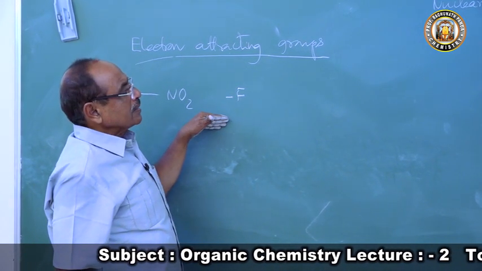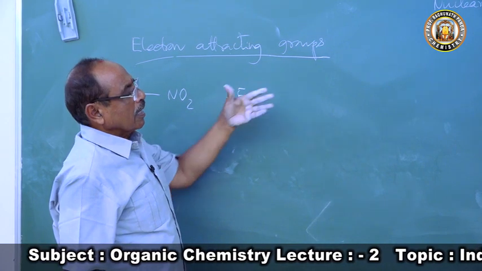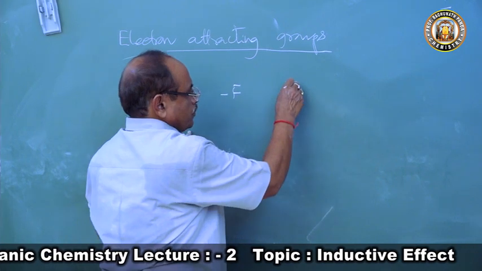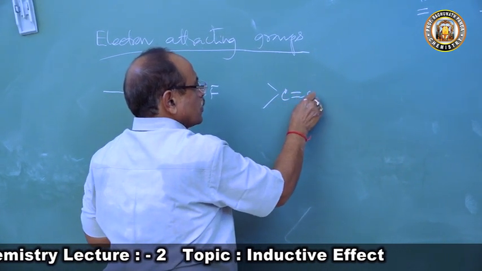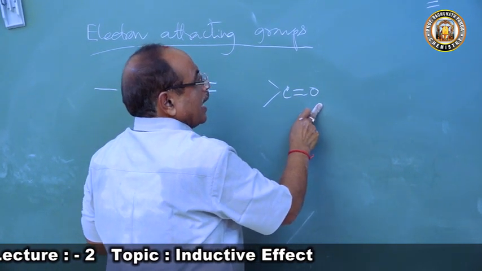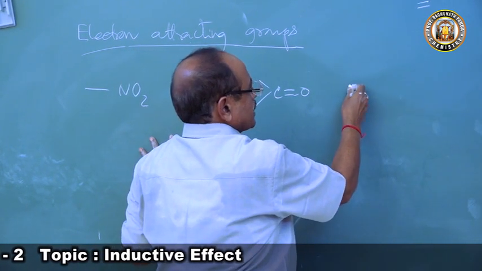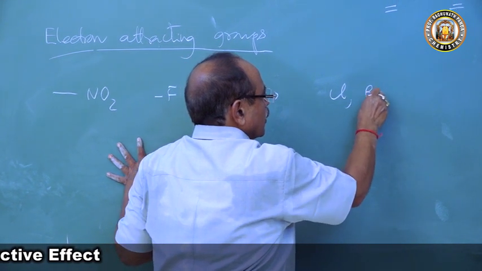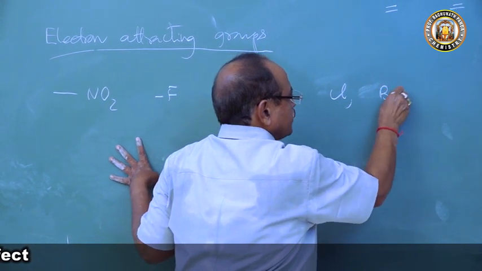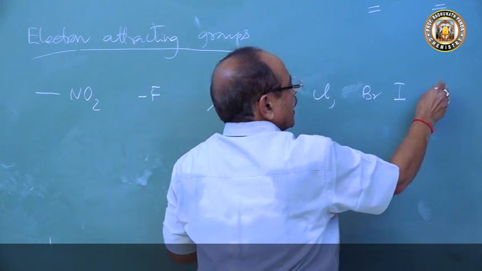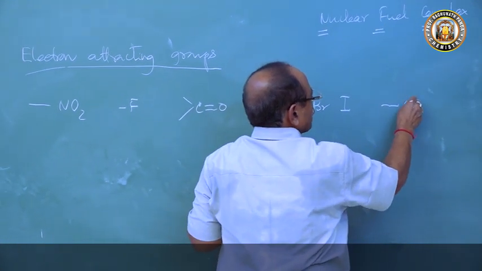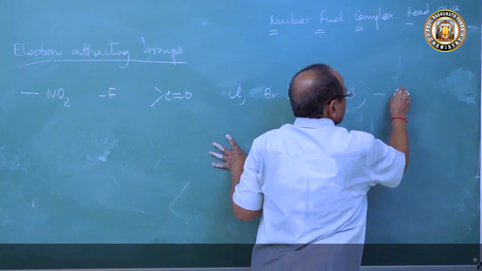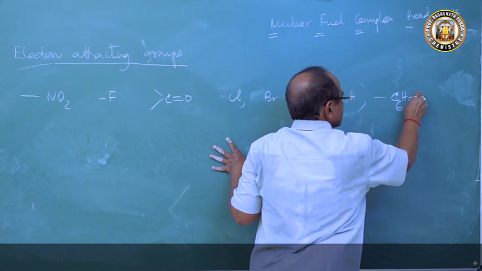Then comes the CO group, the carbonyl group, and then comes H. H stands for halogens: chlorine, bromine, iodine. Then comes HO, the OH group. Then comes P, the phenyl group. P stands for phenyl.